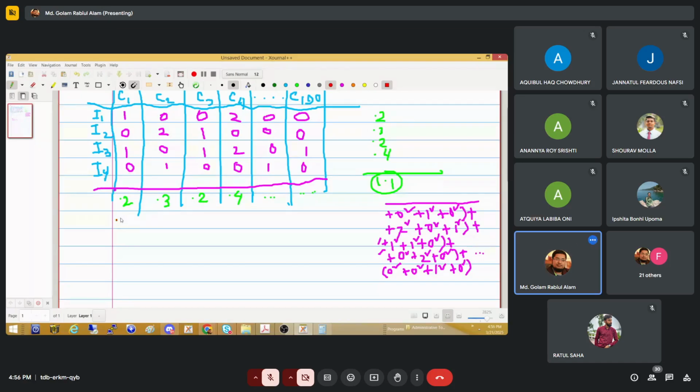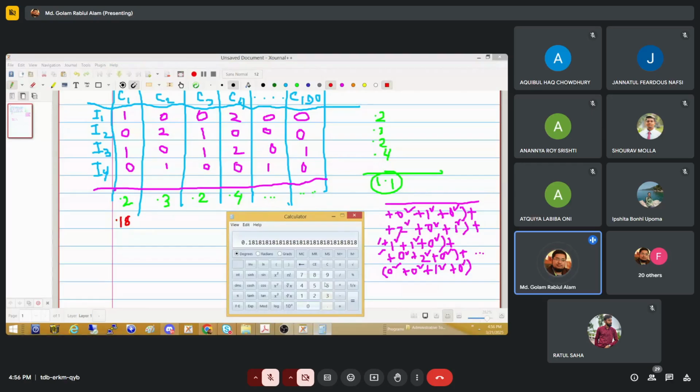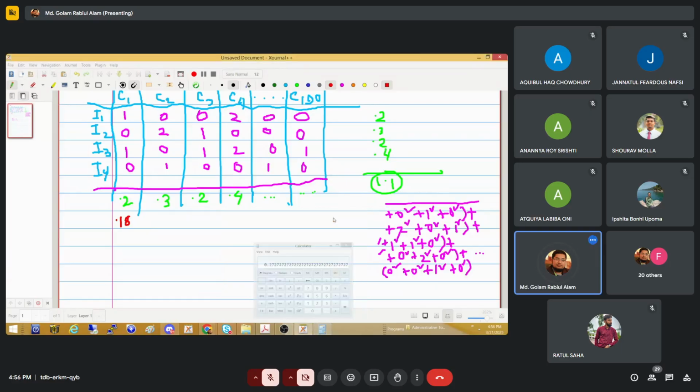And the next one, 0.3 divided by 1.1, is 0.27.